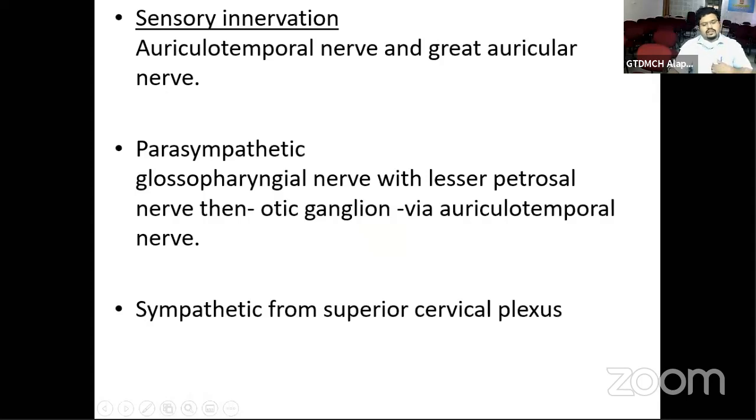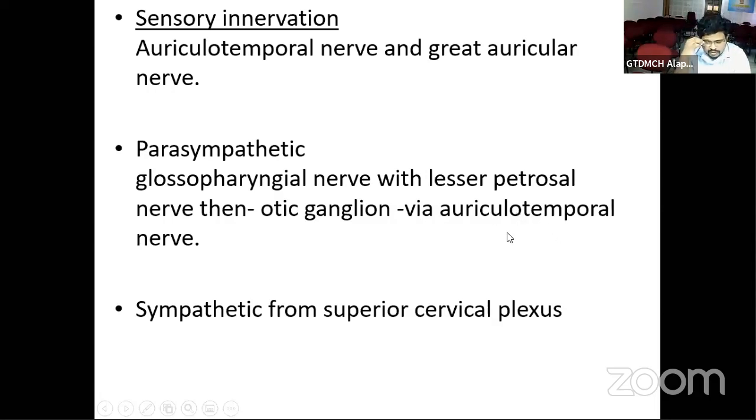Then the innervation of parotid gland. Parotid gland has sensory, sympathetic, and parasympathetic innervations. The sensory is by auriculotemporal nerve and great auricular nerve. Parasympathetic from inferior salivatory nucleus, then glossopharyngeal nerve, then tympanic branch, lesser petrosal nerve, otic ganglion via auriculotemporal nerve.